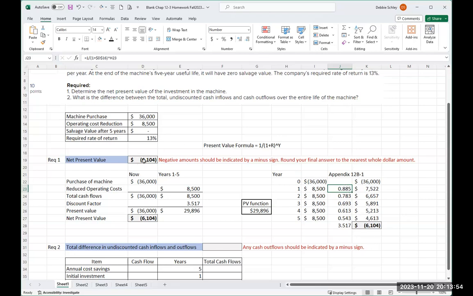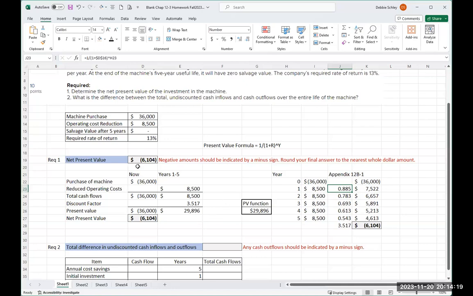But because this one, they're rounding it to the nearest dollar, it will come out all right. In other questions, what I mean by a hard input is I would have Excel do this calculation, and then in the cell next to it, I would type in 0.885, 0.783, 0.693, etc. But in this case, I didn't have to do that.